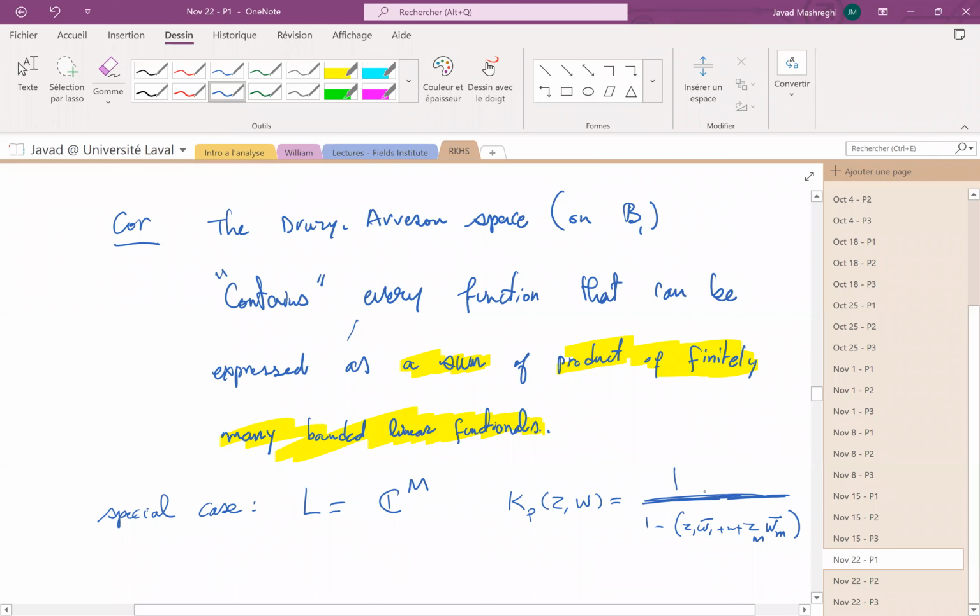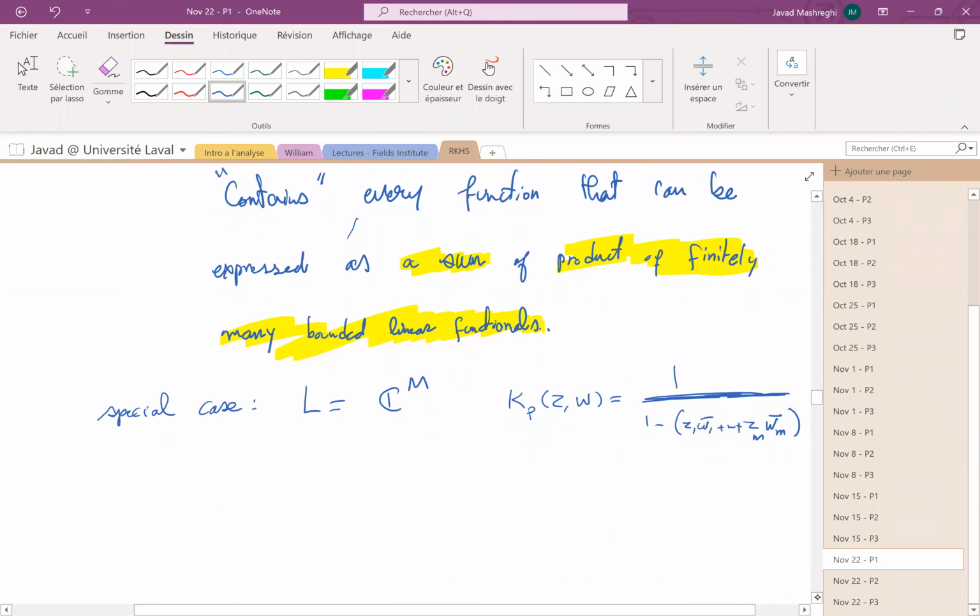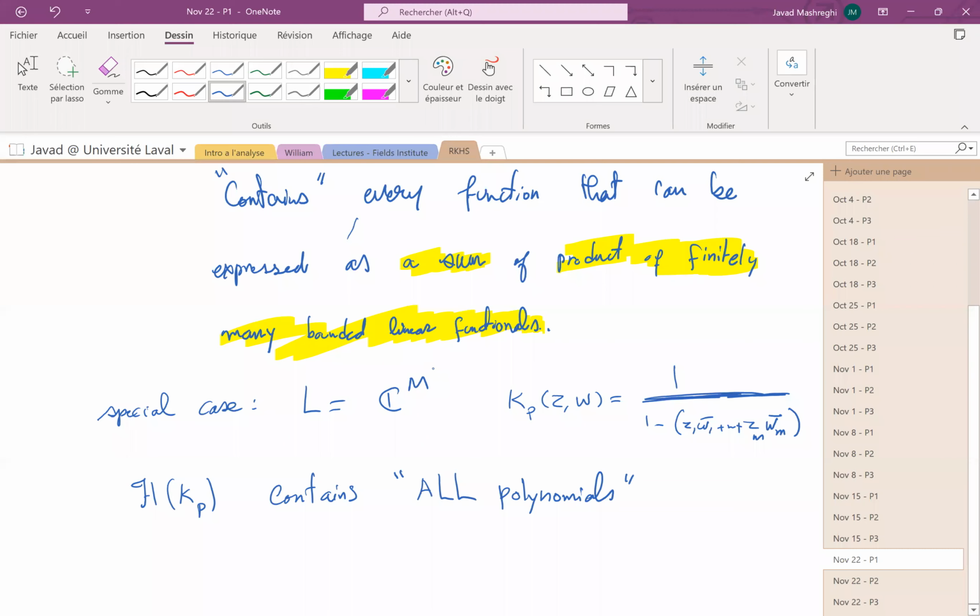This is the inner product of Z and W. In this case, H(K_P) contains what? All polynomials. Because bounded linear functionals, you consider F_{e_j}, it gives you Z_j when you evaluate at Z. And it doesn't matter how many of them you multiply together, you can create any monomial that you wish and then sum them up. So it's all polynomials. All of the polynomials are there.